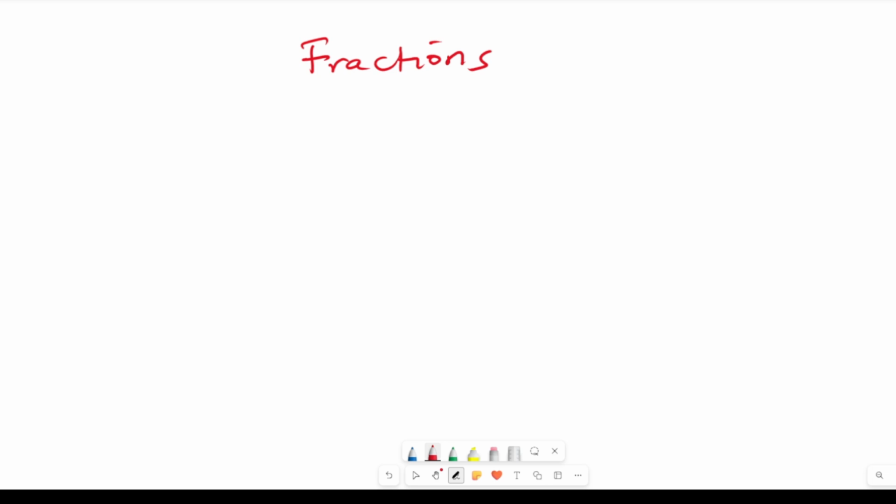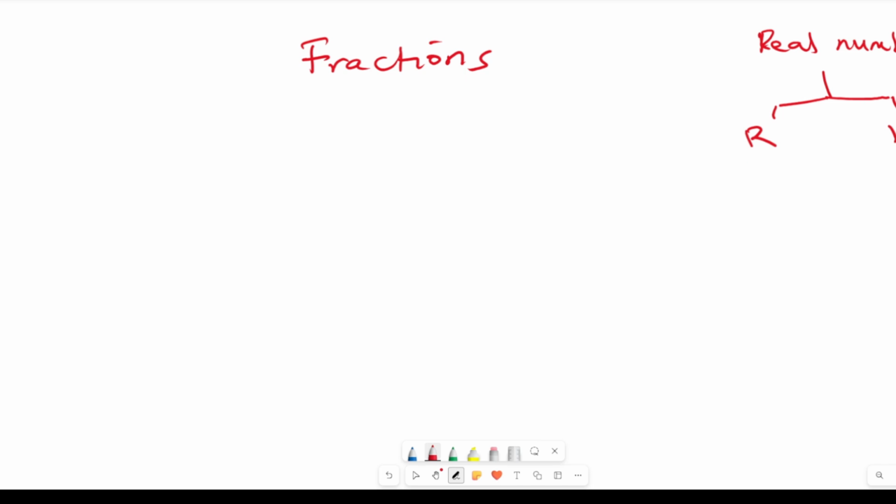Fractions is a very important topic in maths, and if you have been following our lessons, you see that in one of the earlier lessons, we were looking at types of numbers, and we were able to define numbers based on whether they are able to be written as a fraction or not. For those of you who remember, we talk about real numbers, and then we broke them down into two brothers: rational numbers and irrational numbers.